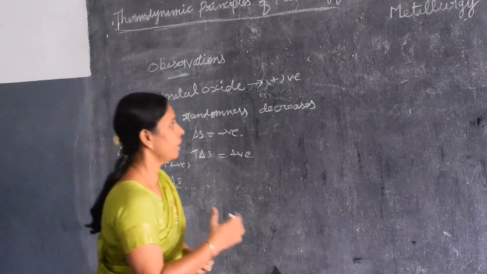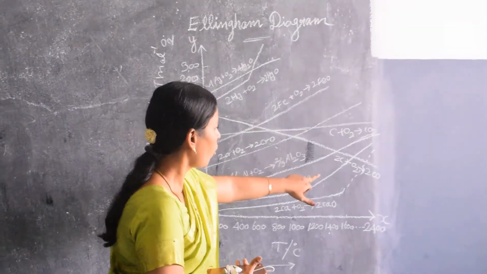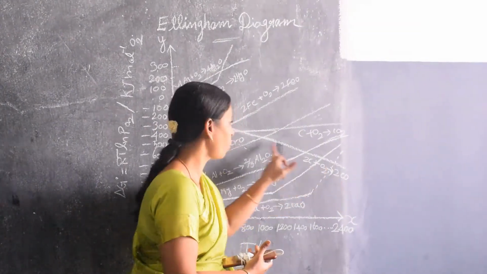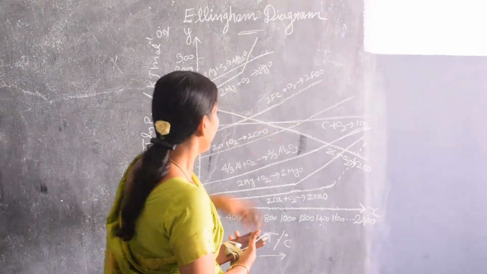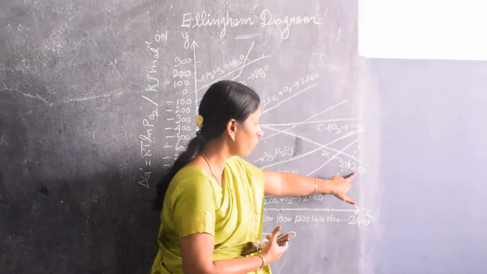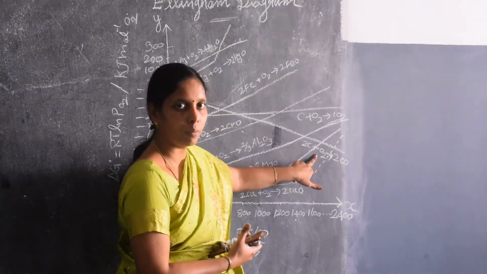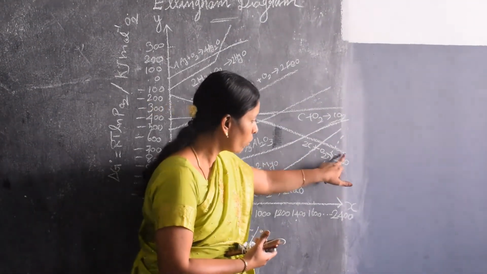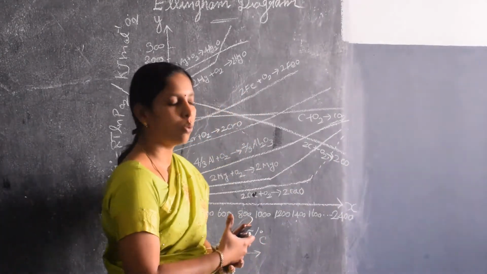Okay, and then next one, the formation of carbon monoxide. Here 2 moles of carbon monoxide are formed by consumption of 1 mole of oxygen.